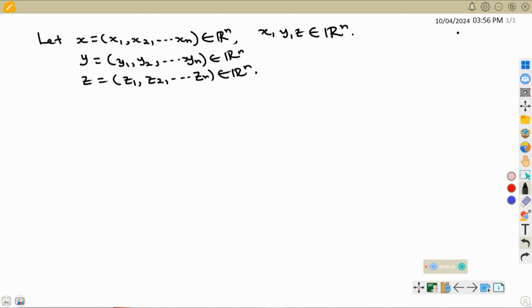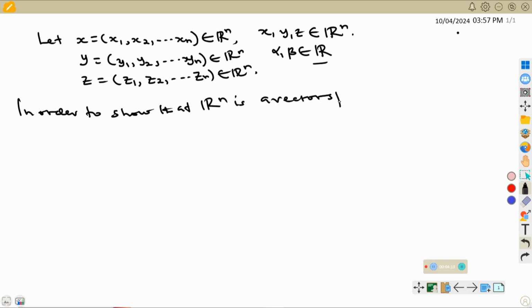We also need some scalars. We shall pick a few scalars, for example, alpha and beta, to be elements of R. So we are picking the scalars from the set of real numbers and the vectors from R^n. We need to show that R^n forms a vector space.